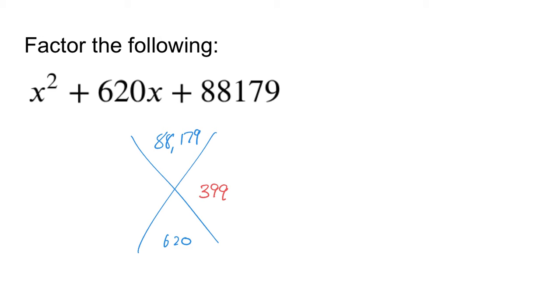You can do 88,179 divided by 399, and you can come up with the other one, which is 221. And all of a sudden, that problem that was really difficult to factor becomes super easy by just doing a little bit of division. And that's kind of the theme of the lesson today.